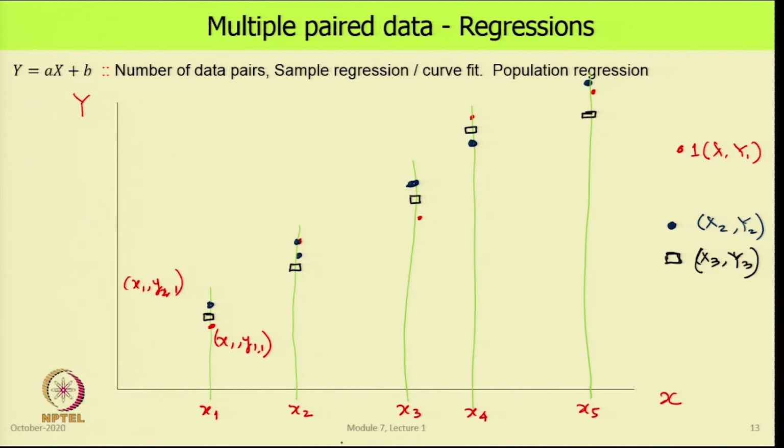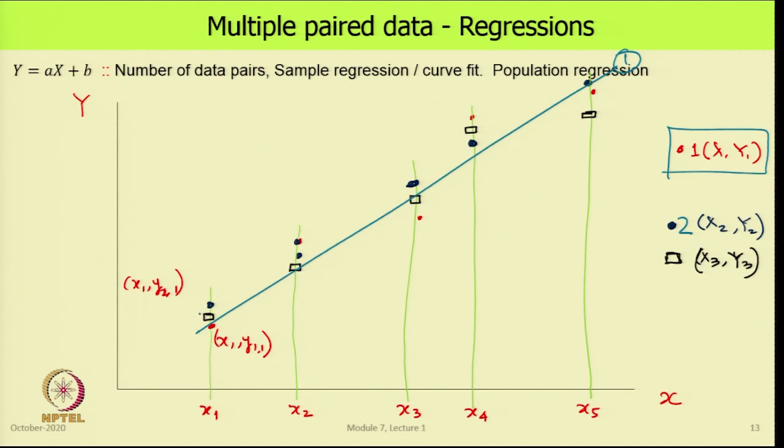The first person says, I got my data over here and I will make my regression. And so, with these points, some regression was developed and this is regression number 1, which is this one. The second person says, these are my data set, I will use only my data set and I will make a regression out of it.